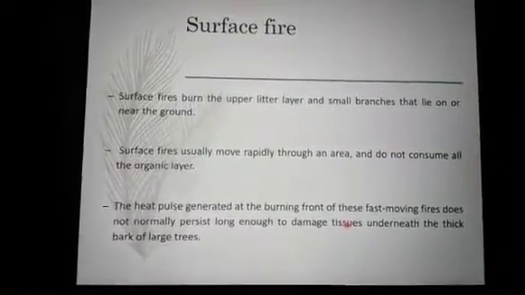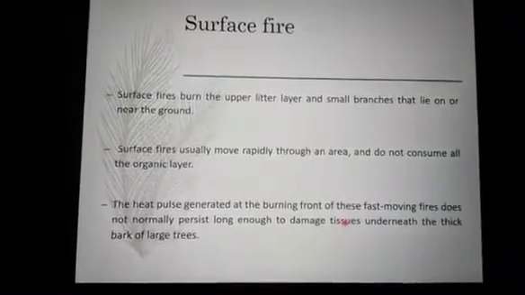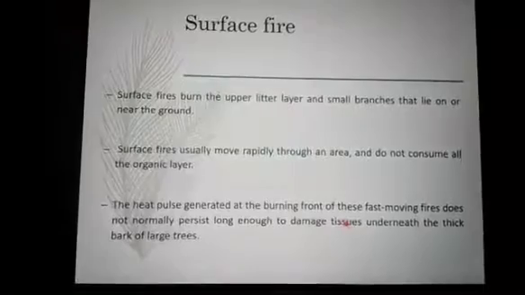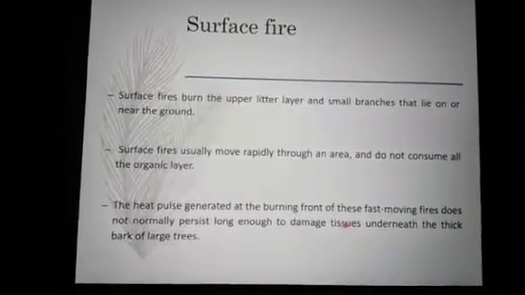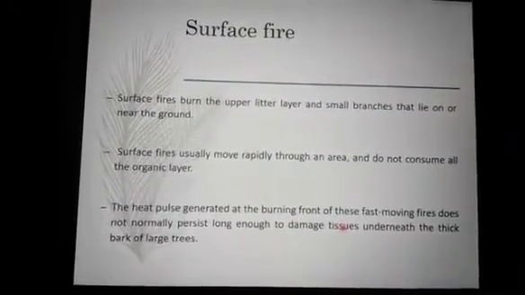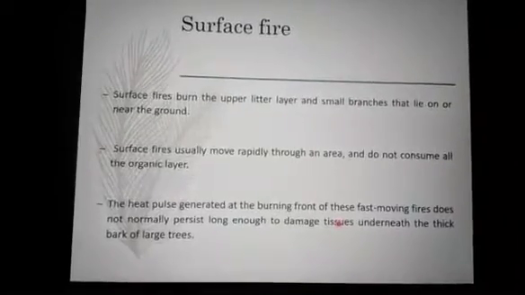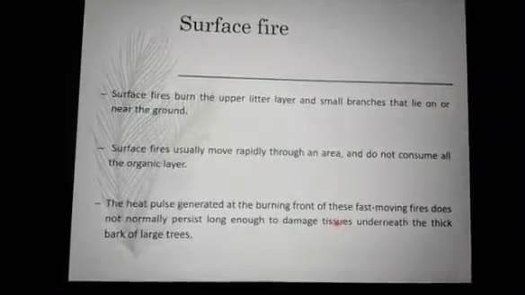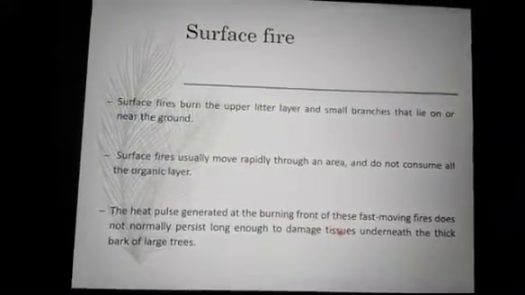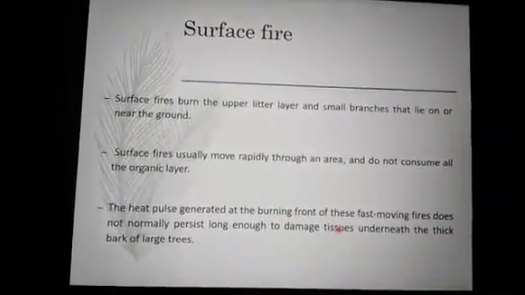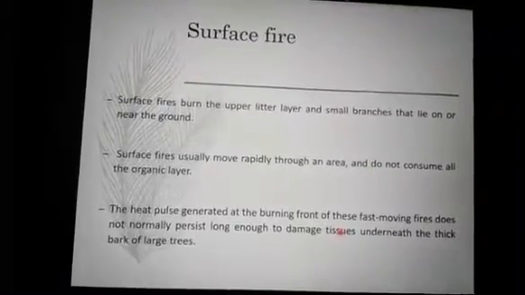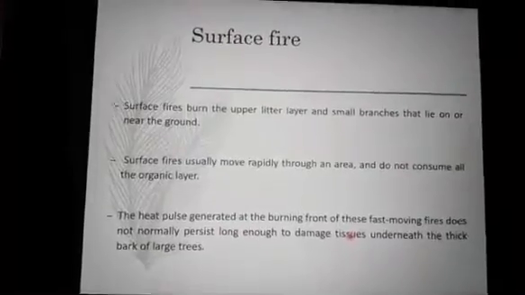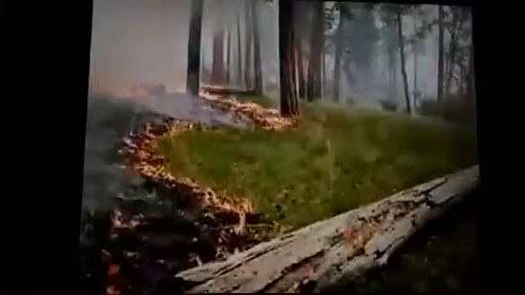The surface fire usually moves rapidly because it's only on the surface and it does not consume all the organic layer. The heat pulse generated at the burning front of this fast-moving fire does not normally persist long enough to cause damage to the tissues and also the underground roots, the buds, and also the large trees.